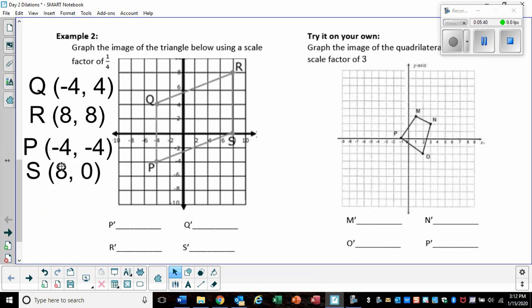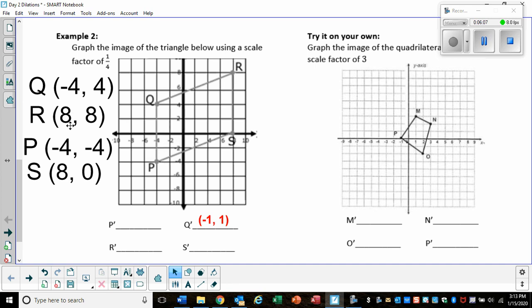For the scale factor, I can multiply by 1/4 or divide by 4, so I'm going to divide everything by 4. Whenever you see a 1 there, you can just divide by the denominator. -4 divided by 4 gives me -1, and 4 divided by 4 gives me 1, so Q prime is at -1, 1.